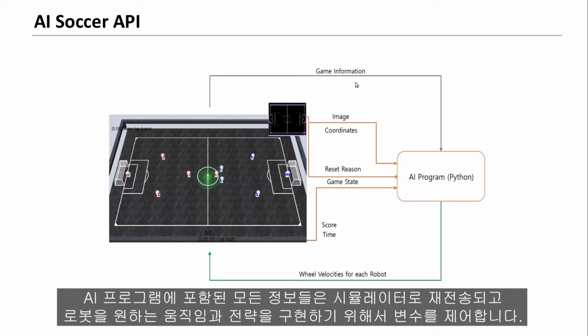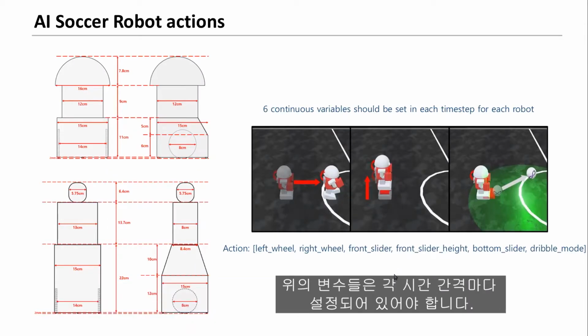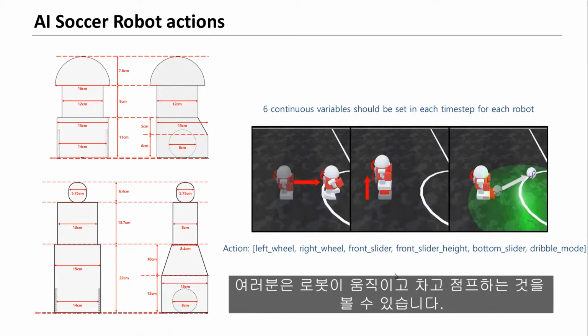You can use all of this information in your AI program to send back to the simulator the control variables for your robots to move and to achieve the desired behavior. These variables should be set in each time step for each robot. So you can think about whether your robot should move, should kick, and should jump.